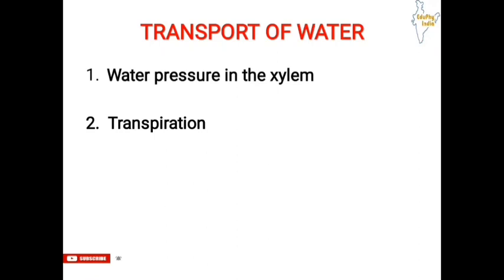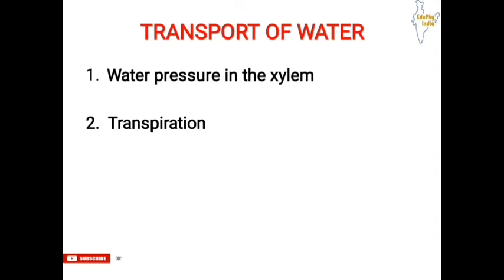Now we will see transport of water and other minerals to different parts of the body from the roots. There are two pathways by which this occurs. The first one is water pressure in the xylem, and the second one is transpiration. Water pressure in the xylem is nothing but osmotic pressure which occurs due to difference in concentrations of ions between two cells.